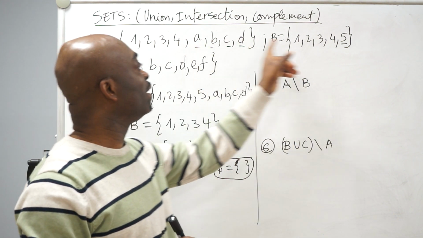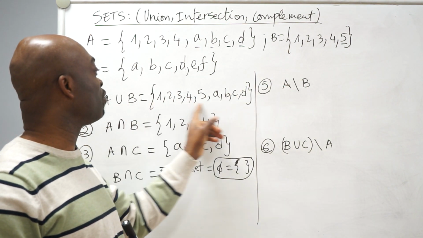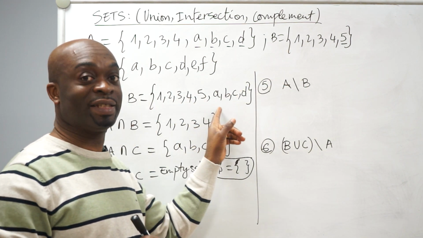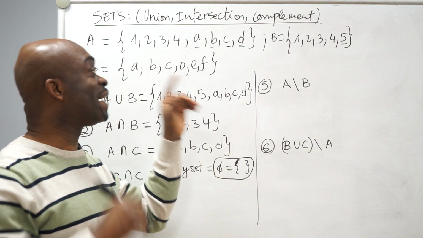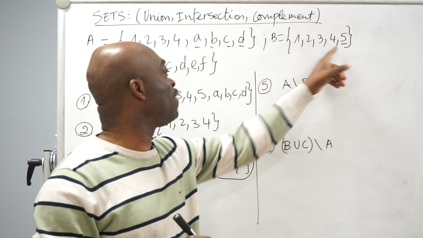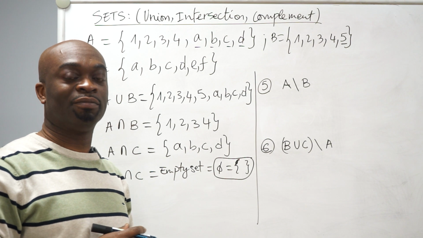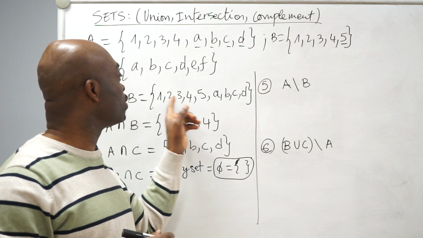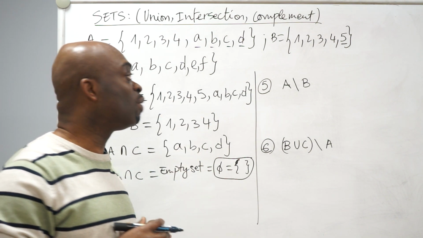So you have A union B. We have it already, right? So A union B is this one here. And then except B. So that means 1, 2, 3, 4, 5 got to be taken away.